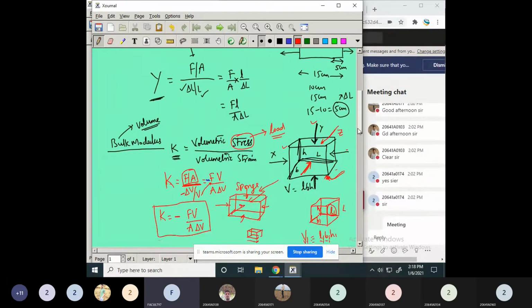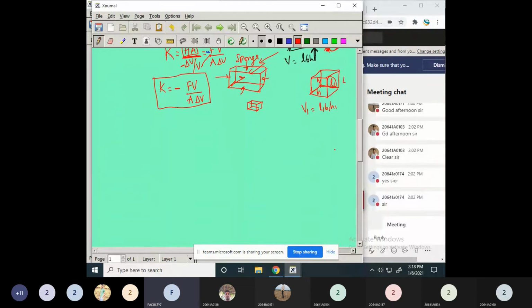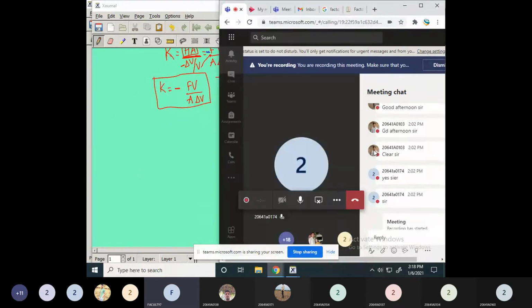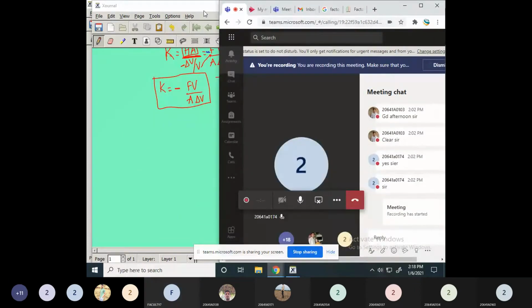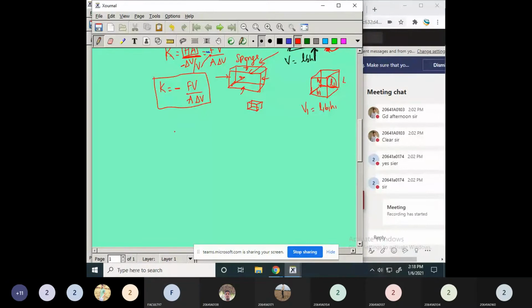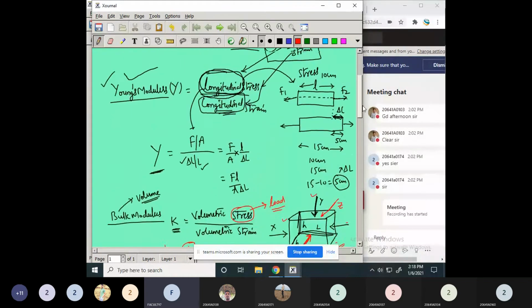Now let us go here. What is the remaining modulus here? Let me check once. Okay, now what is the thing remaining? Can anyone give the answer? What is the remaining modulus? Here I had mentioned you have three different types of moduli.